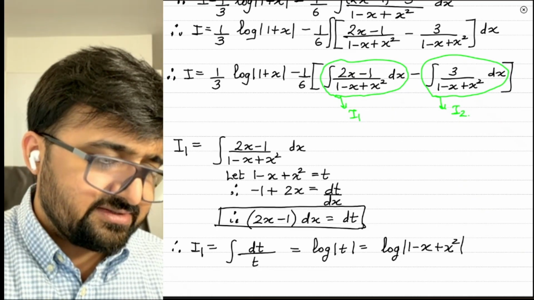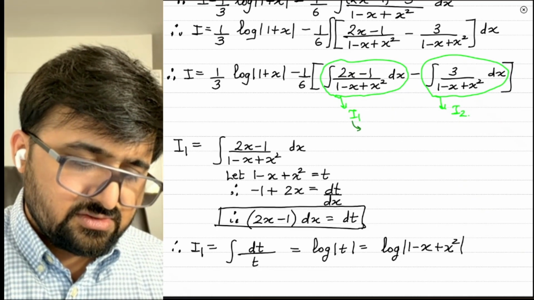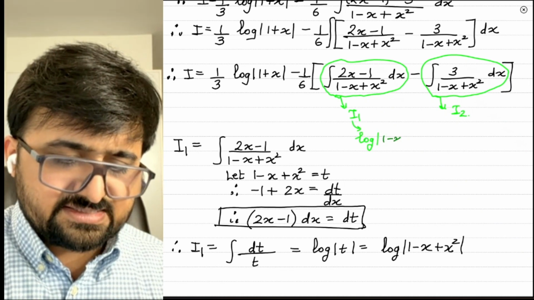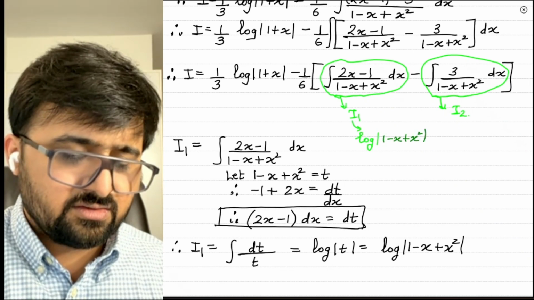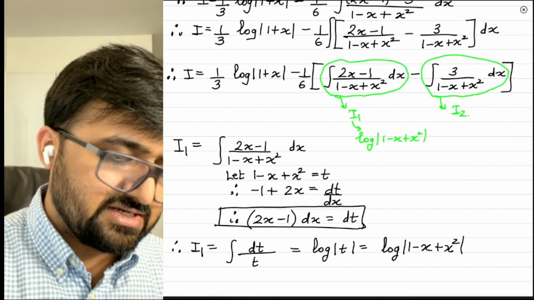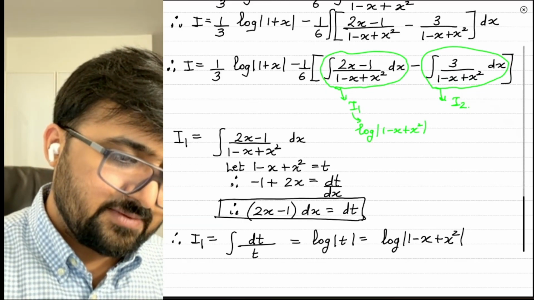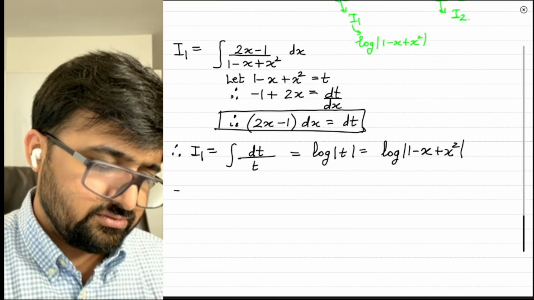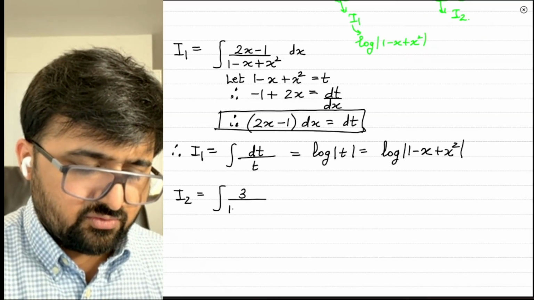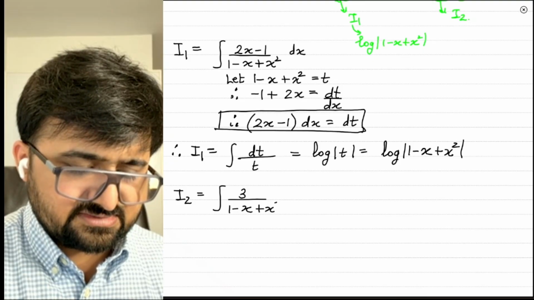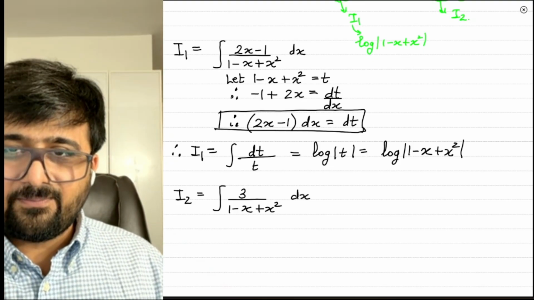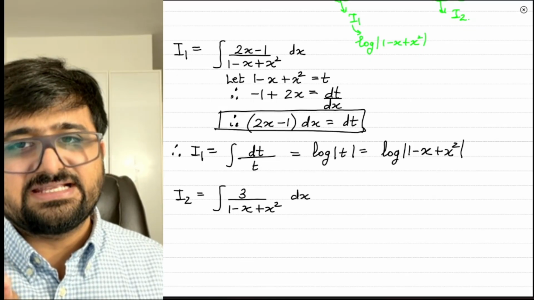So we evaluated this integral I1, which is log mod 1 minus x plus x square. Now we need to evaluate the second integral, which is I2, integration of 3 upon 1 minus x plus x square dx. Now, since it is 1 upon a quadratic, we have to do the completing the square method.